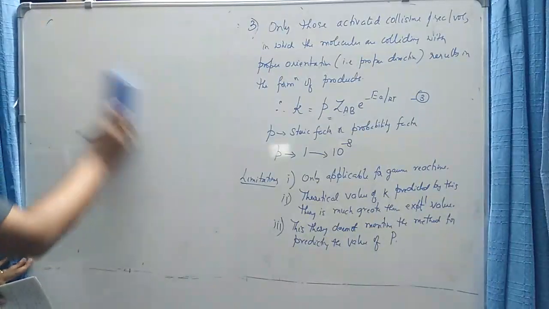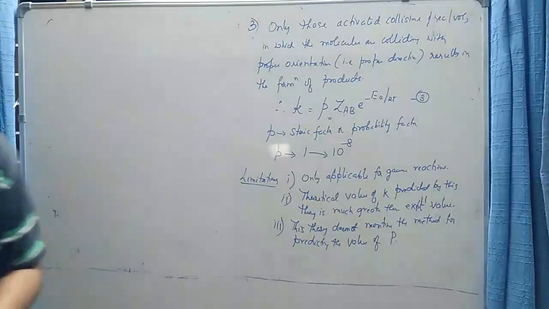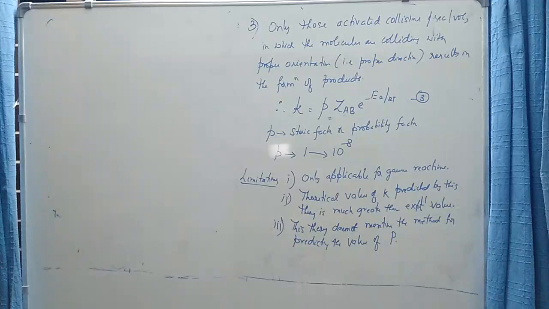It just says that the probability factor should vary somewhere between 1 to 10 to the power minus 8, but exactly what should be the value of P for a particular reaction, there is no method for estimating.